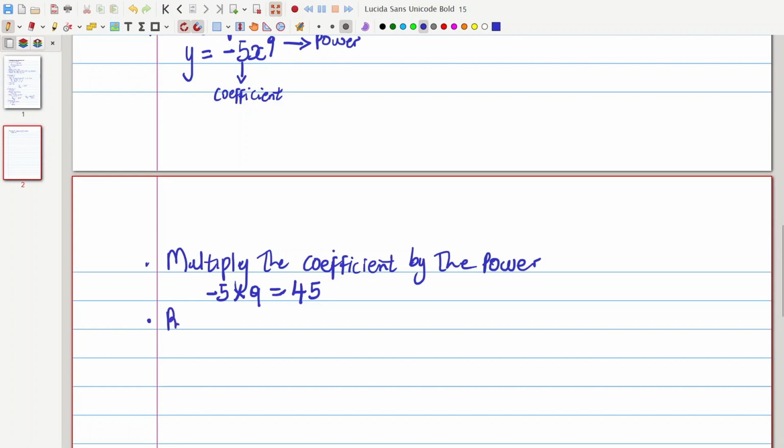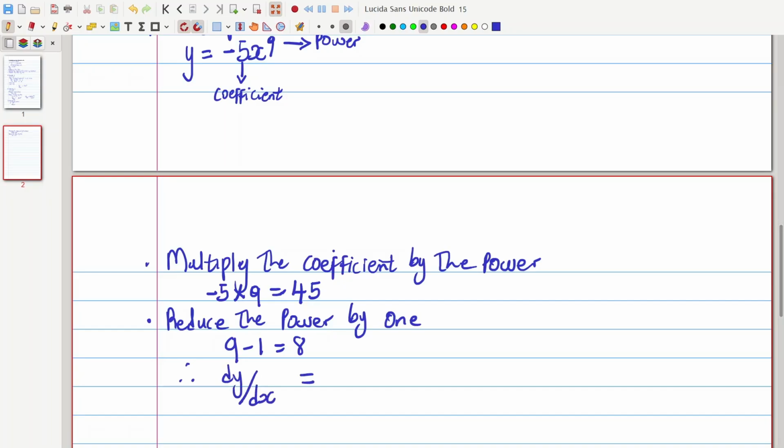Next step is to reduce the power by 1, which will be 9 minus 1, which is equal to 8. Therefore, dy/dx is equal to minus 45x raised to power 8. So this is our dy/dx of this equation.